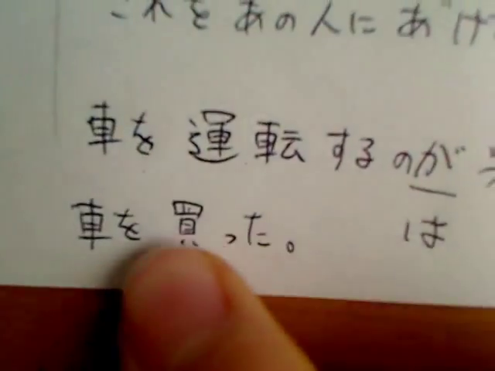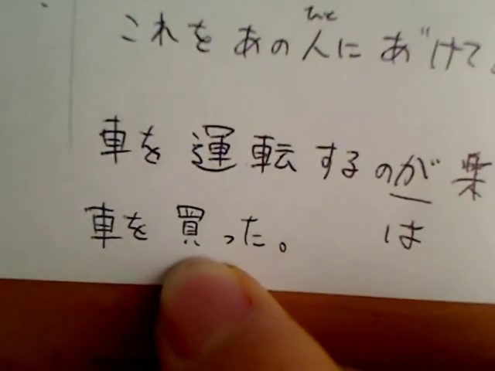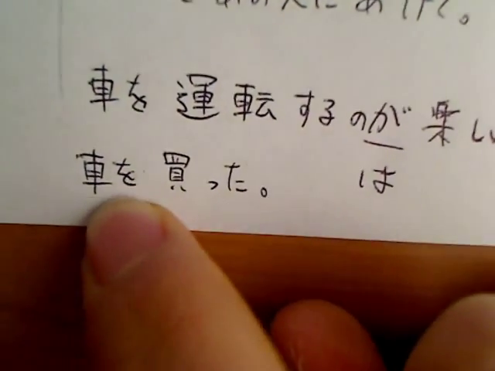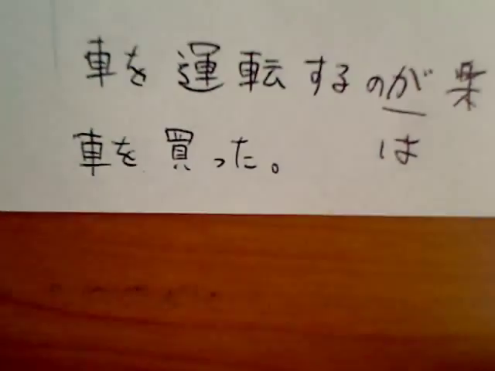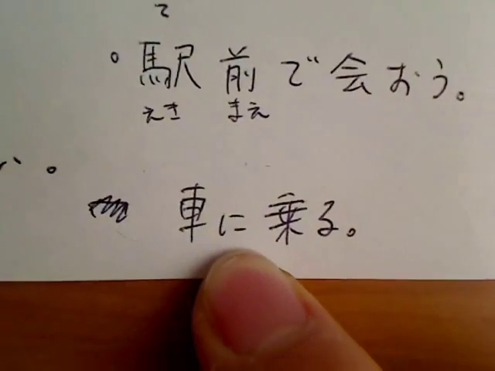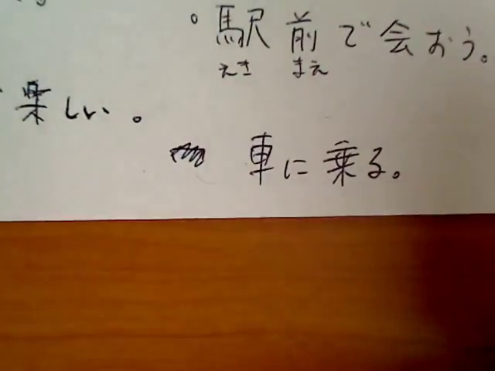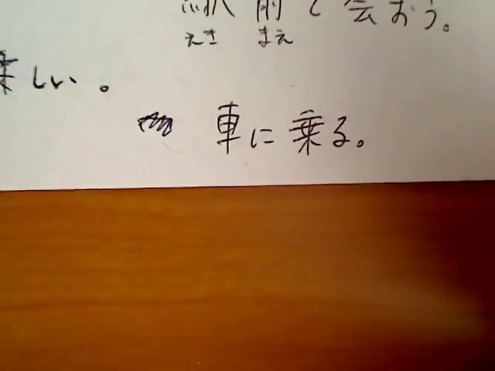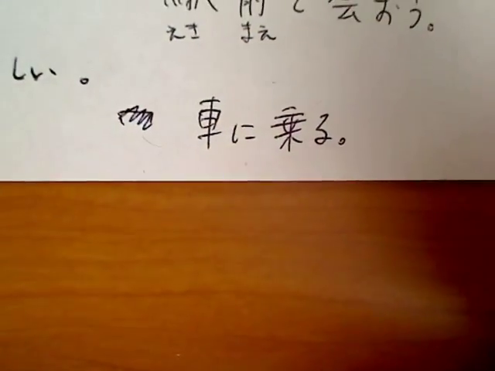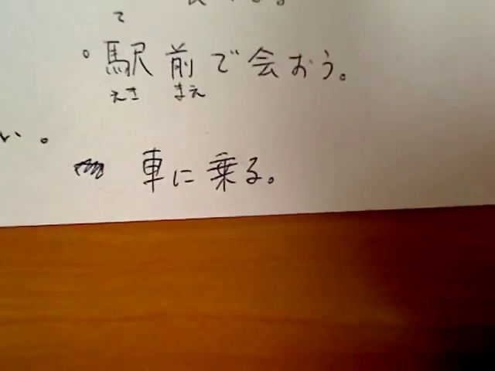And 車を買った: I bought a car, or I bought cars. Also, another example of に: 車に乗る. Get in a car, or get in the car. Whichever is okay for this sentence.